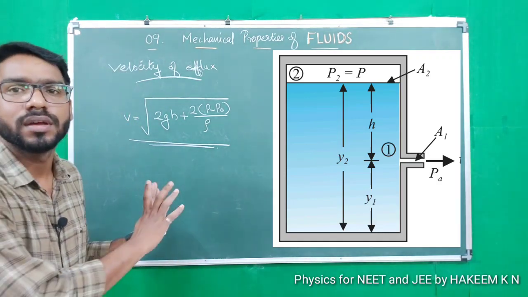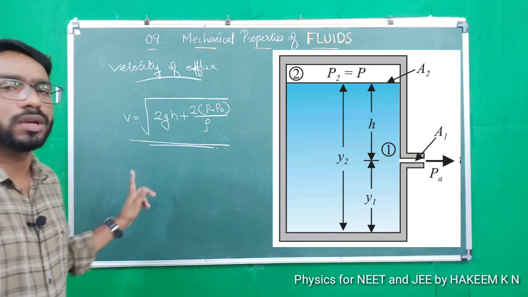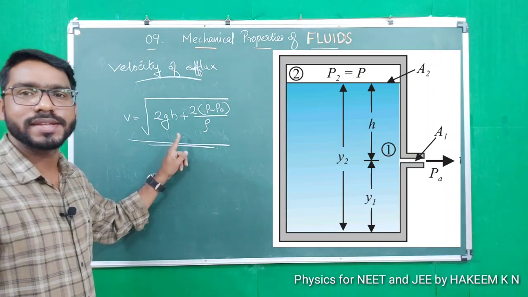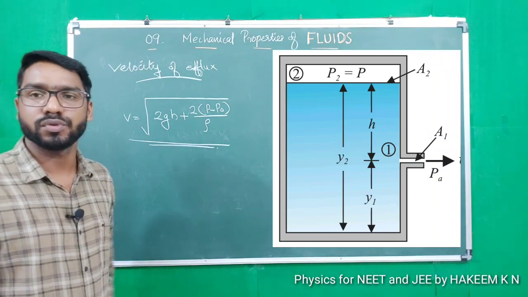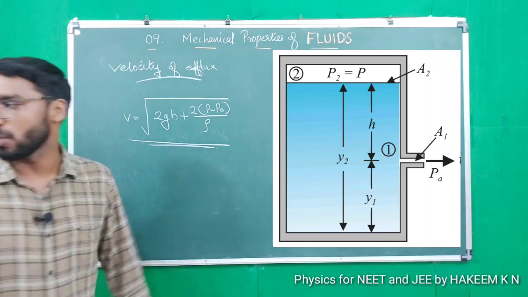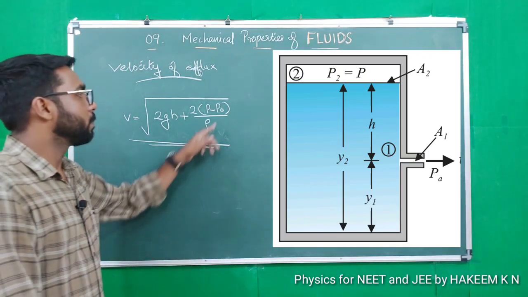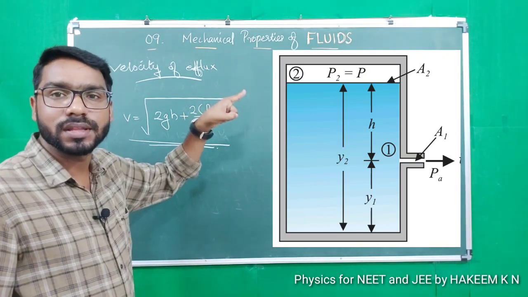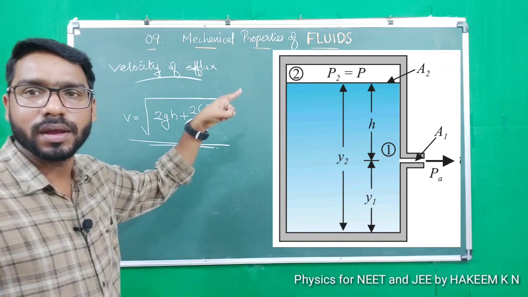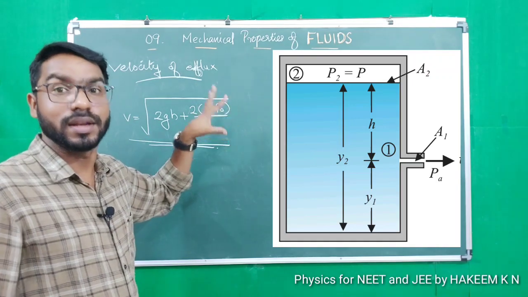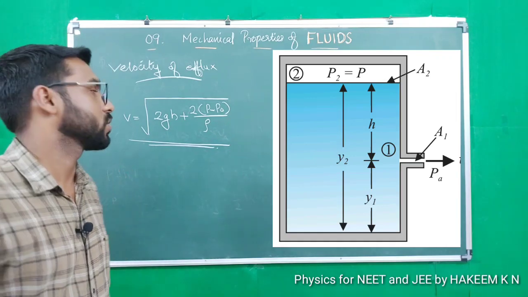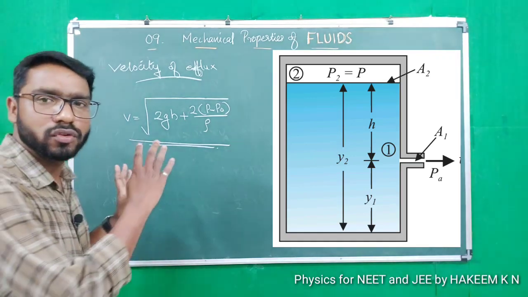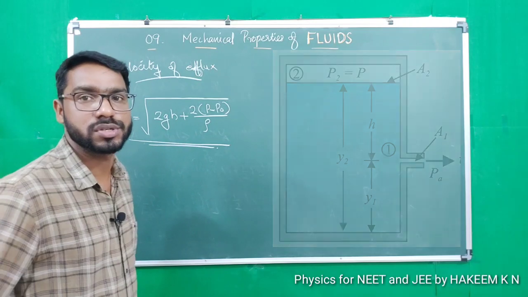Then only we can say V equals root of 2gh plus 2 into (P minus P naught) by rho, where P is the pressure inside the liquid at the top level inside the tank, and P0 is the atmospheric pressure. I am not going into the proof, you just have to remember this equation.